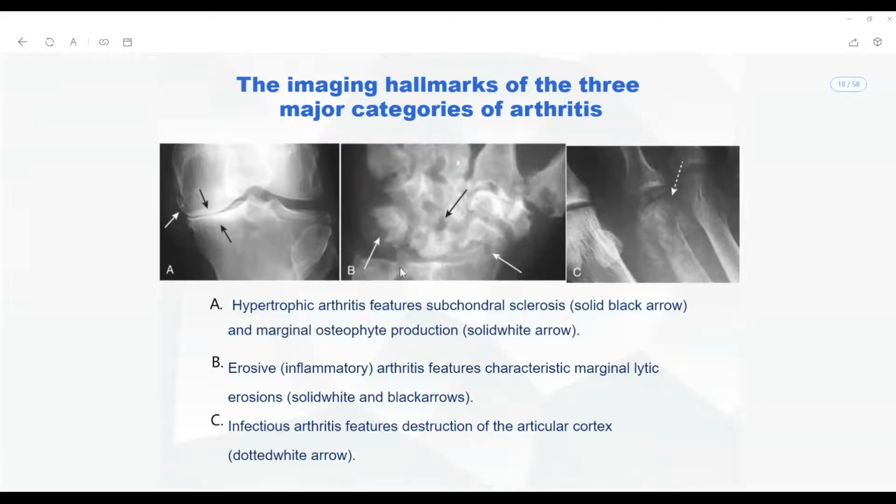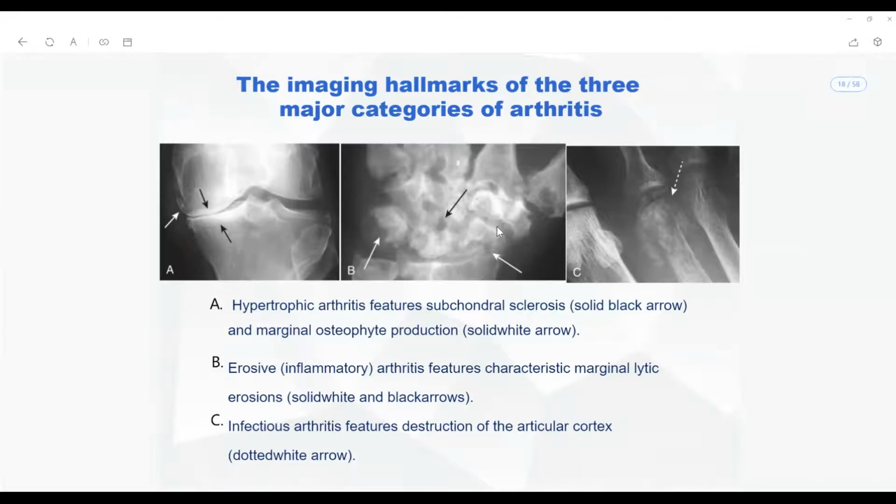And you see here, this one, I'm trying to look at the left wrist joint. And here I'm going to look at the erosive arthritis, which is formed by the marginal erosions that are present along all the carpal bones. So how can I say that there is a heterogeneous loss of contour of all the carpal bones?